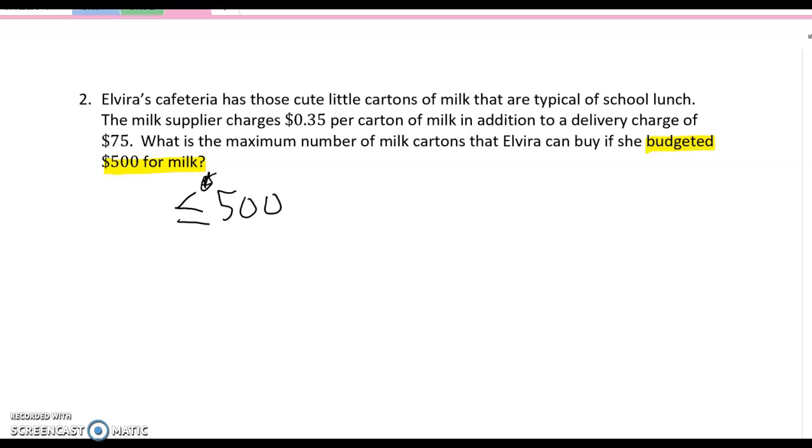That means whatever she's going to spend for the milk has to be less than or equal to $500. So we're going to write an inequality where we're comparing what she's spending on milk, and it has to be less than or equal to $500.